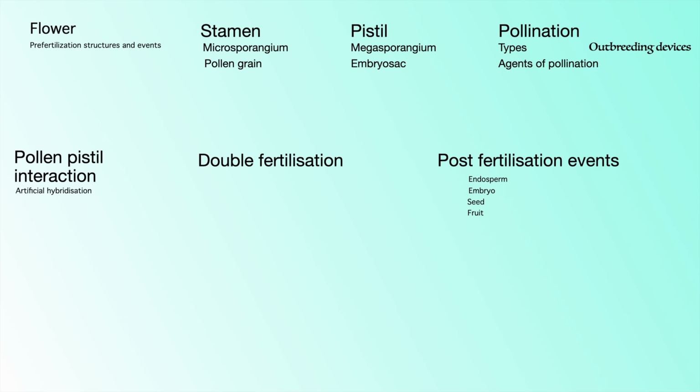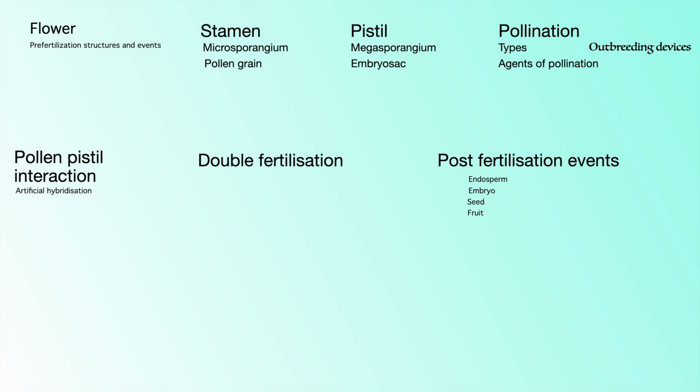Now we will see post-fertilization events. Here we will study endosperm development, embryo development, how maturation of the ovule leads to the formation of a seed, and how maturation of the ovary leads to the formation of a fruit.